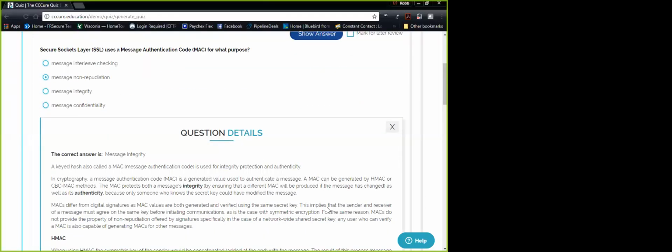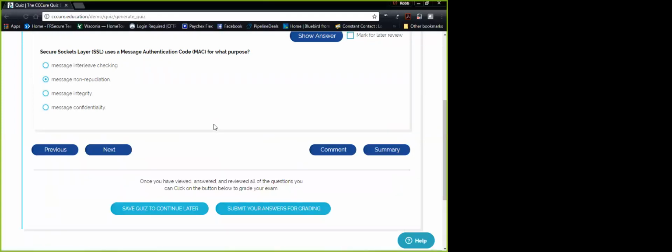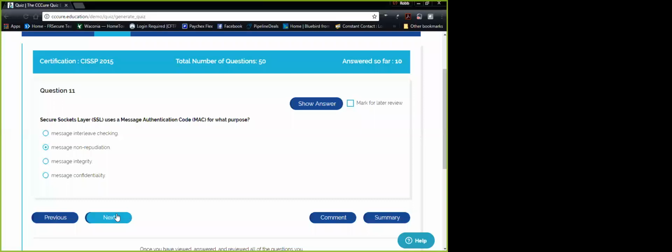A message authentication code is a generated value used to authenticate a message. Well, there you go. That is definitely not one of my areas of strength. That would be something I would be focusing on if I had to go back and take it again, which I hope I never do. I'll just maintain my CPEs.